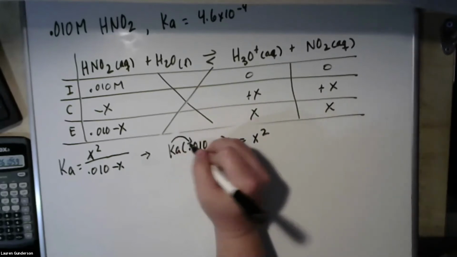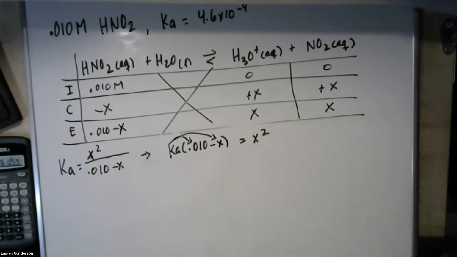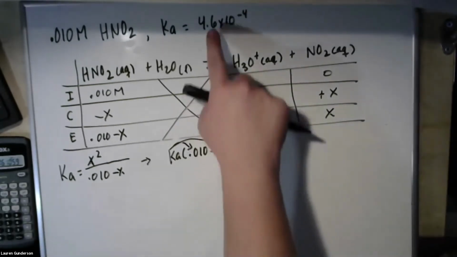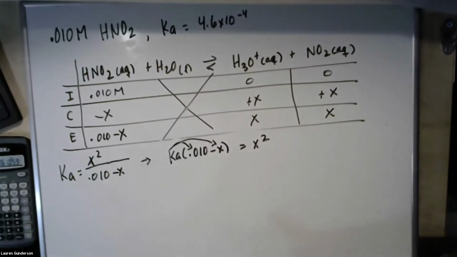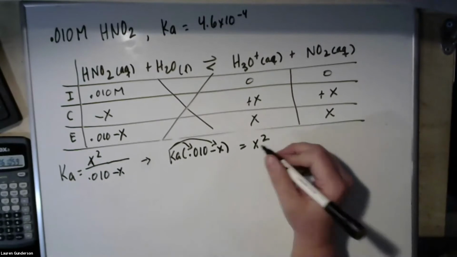And I'm going to distribute that Ka value into my parentheses. And remember, my Ka value is up here. It's 4.6 times 10 to the negative 4. All right, so let me rewrite that.